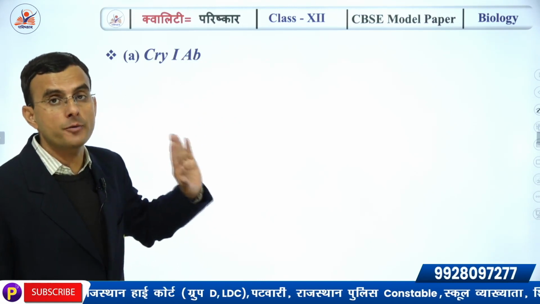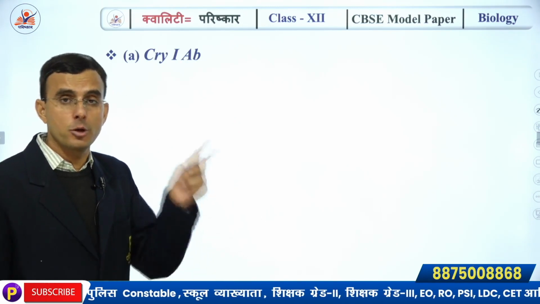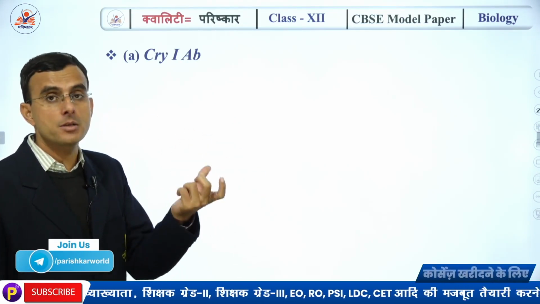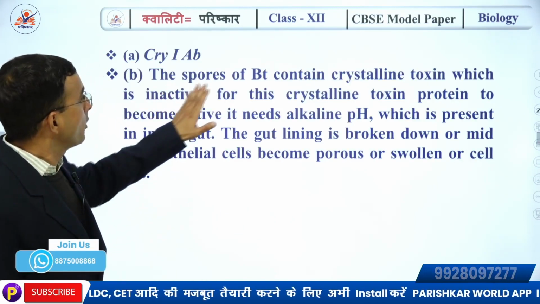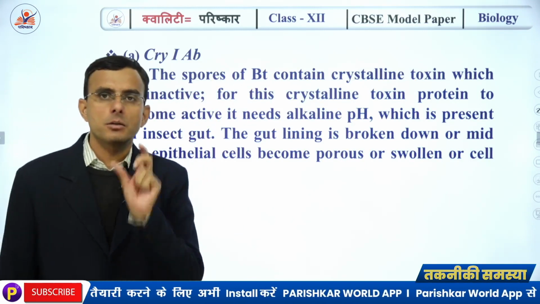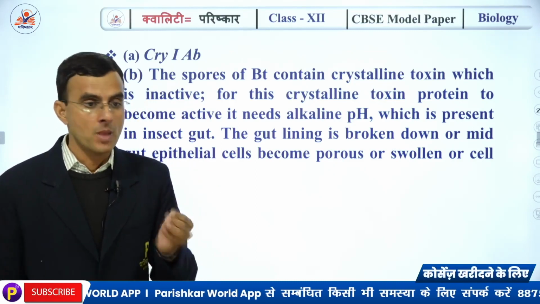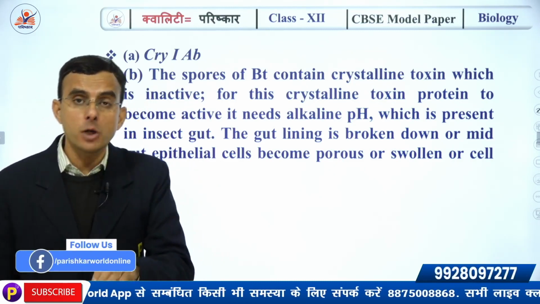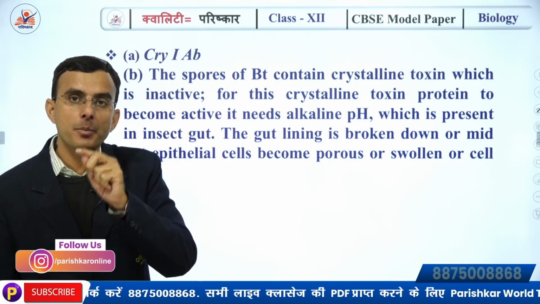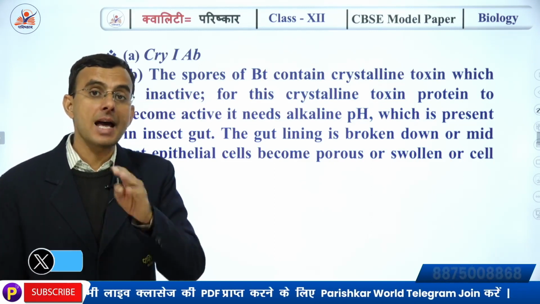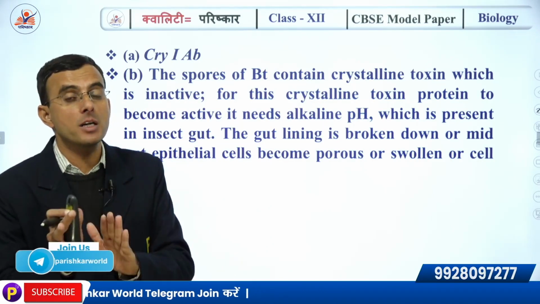The first one is the cry IAb gene, which is the name of the gene responsible for that Bt, Bacillus thuringiensis, pest resistance, and we have developed Bt cotton also. The spore of Bt is in the inactive form, and it is converted into the active form at a particular pH. If the pH is alkaline, that particular protein toxin is converted into an active form.